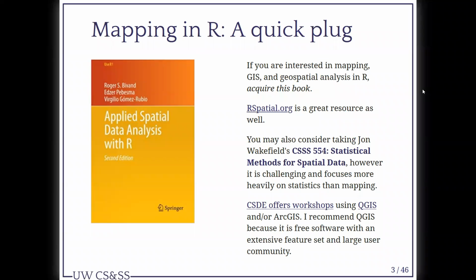So the first thing I would like to do is plug this book. If you're interested in mapping, GIS, and geospatial analysis in R, do acquire this book. rspatial.org is a great resource as well. You may also consider taking Jono's class, Statistical Methods for Spatial Data.